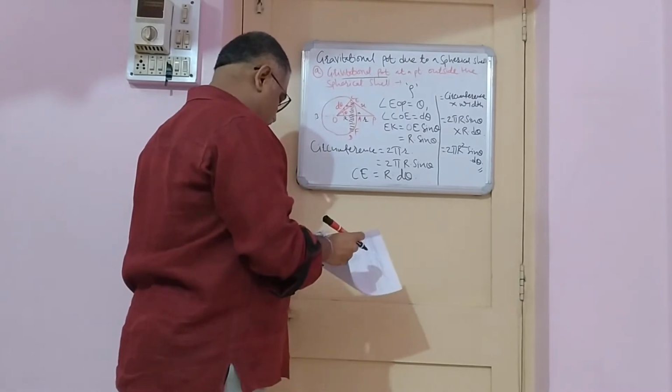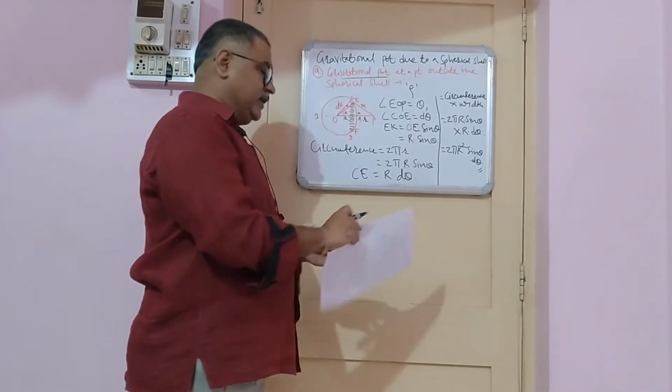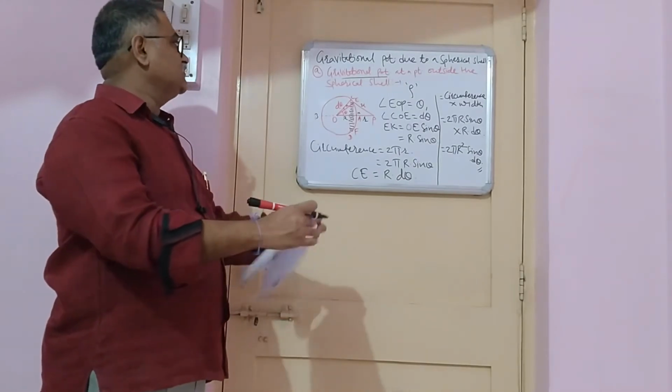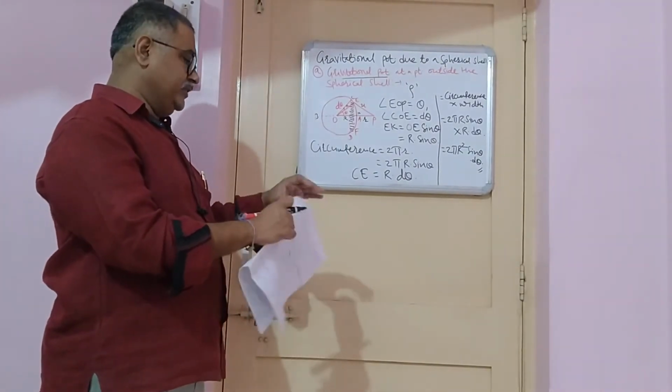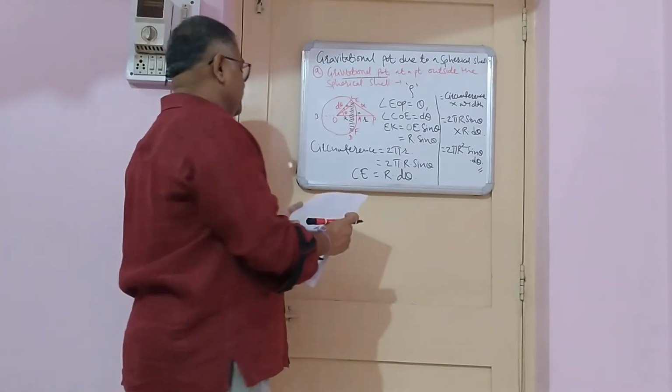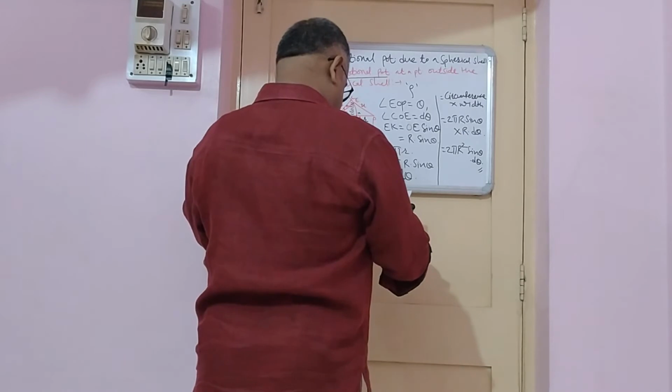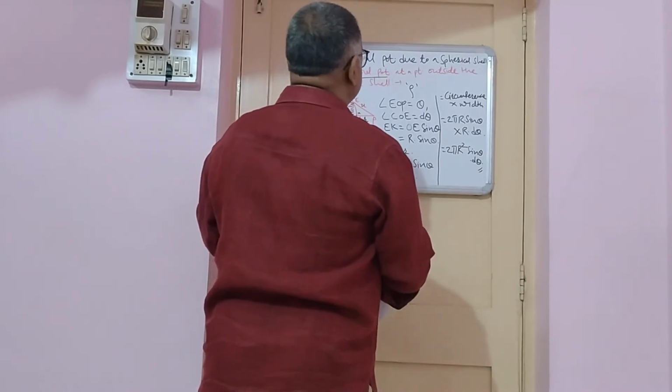This we will get. But again, what is the mass of the sphere? How can it be calculated? The mass equals density multiplied by volume.